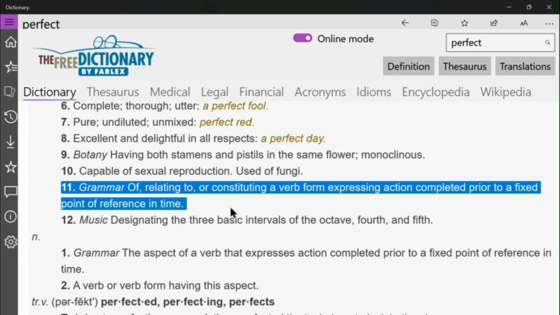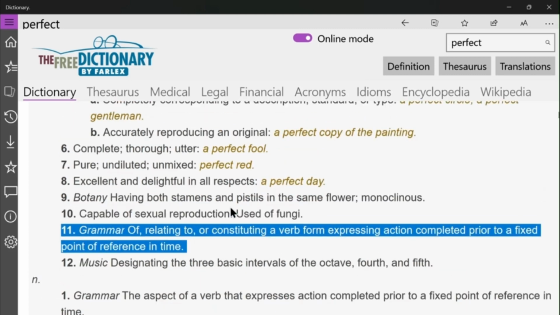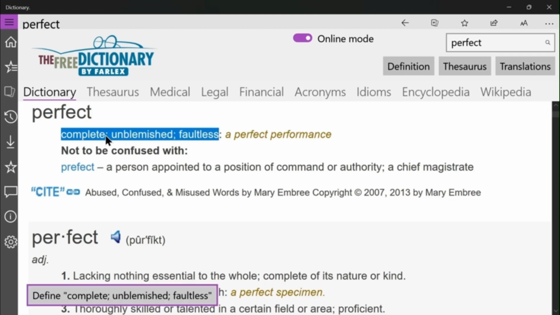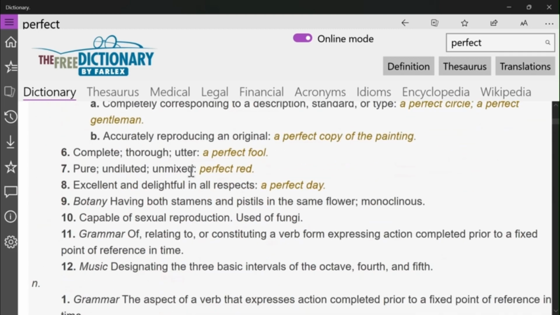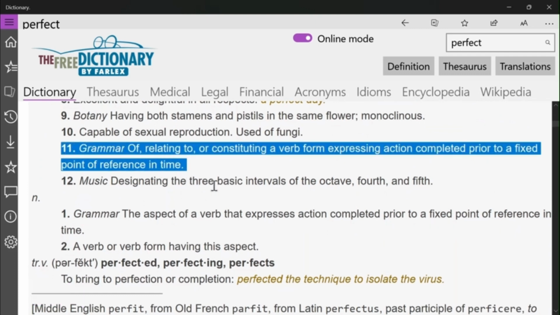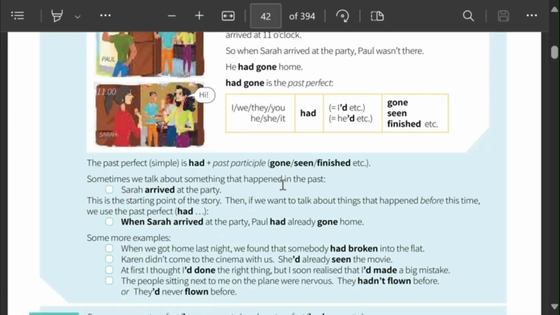That's perfect. You see, it has nothing to do with the common meaning of perfect. It's like complete, faultless, right? So it has this meaning, you see. It's related to an action completed before a fixed point in time. So when you have present perfect, okay, here this lesson actually shows us.